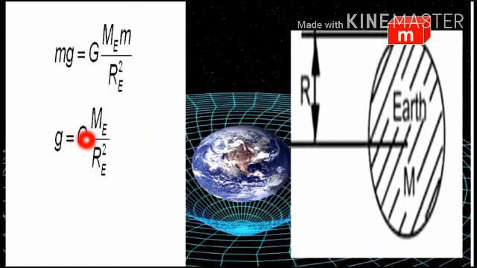Capital G is constant, and capital M is already constant. In 5.2 you saw the mass of the earth is 6.24 × 10^24. So at the surface of the earth, the gravitational acceleration equals GM over r squared, where r is the distance between these two masses.